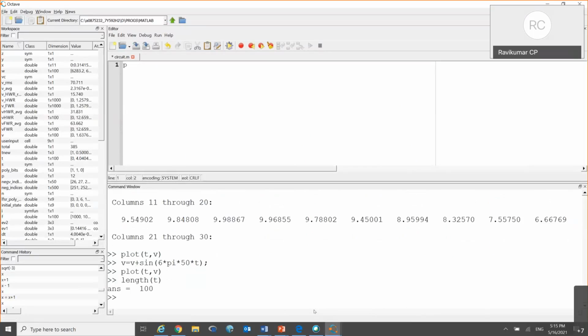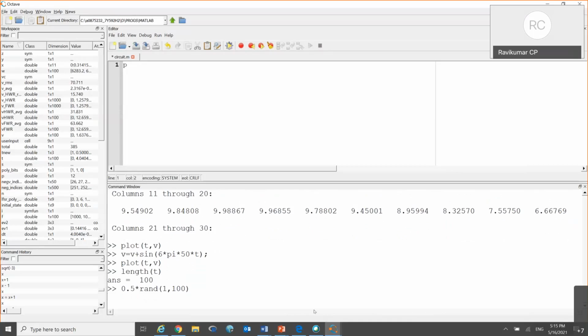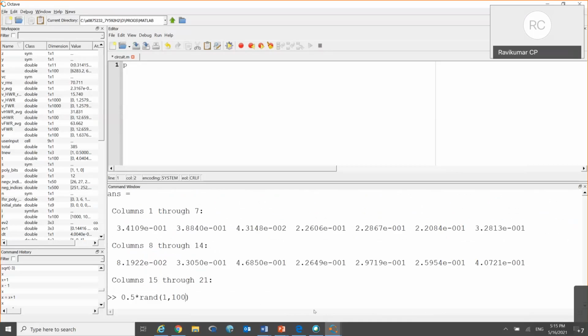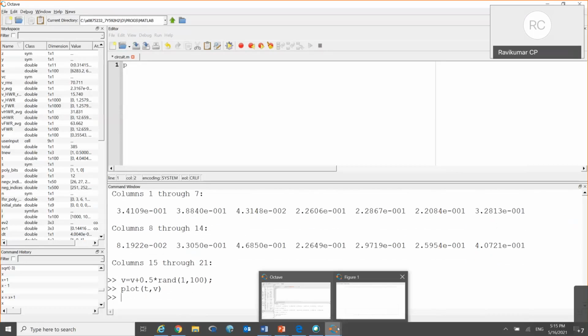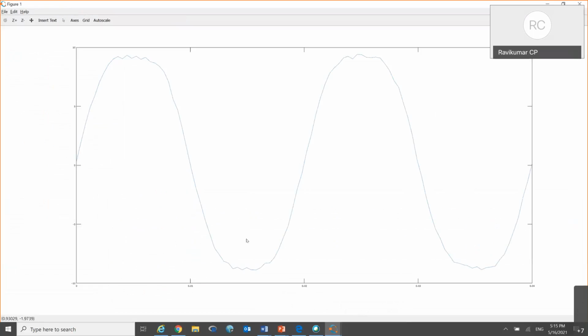So I'll have to take some, let us say, rand. So this will be some random values. I'm going to add this to V. So it will have all kinds of random noise.